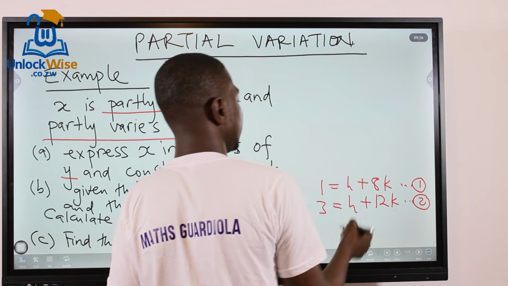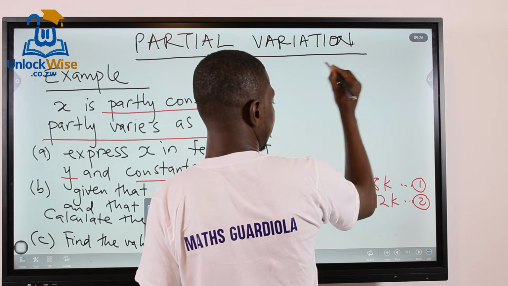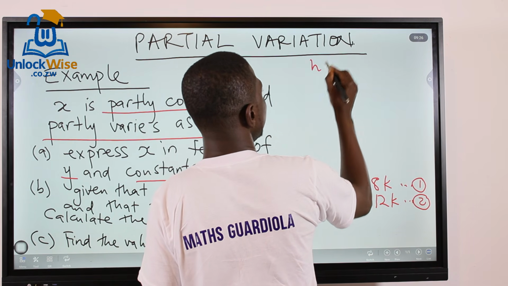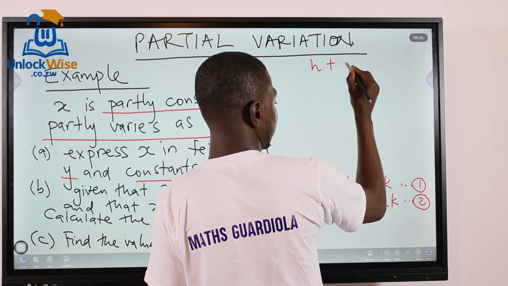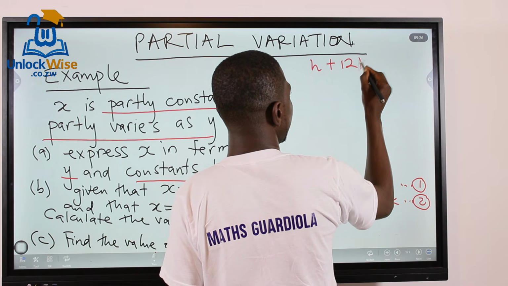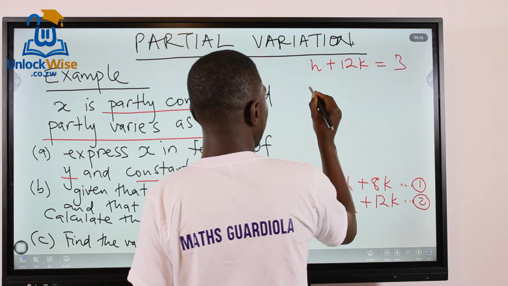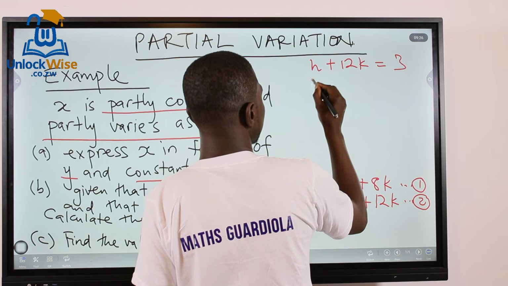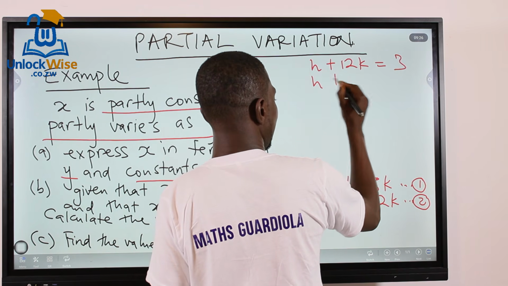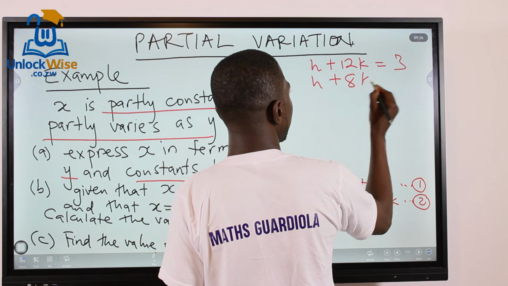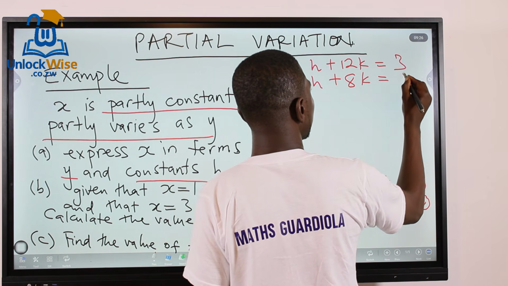I will start with the bottom one and say h plus 12k is equal to 3, and have h plus 8k is equal to 1.